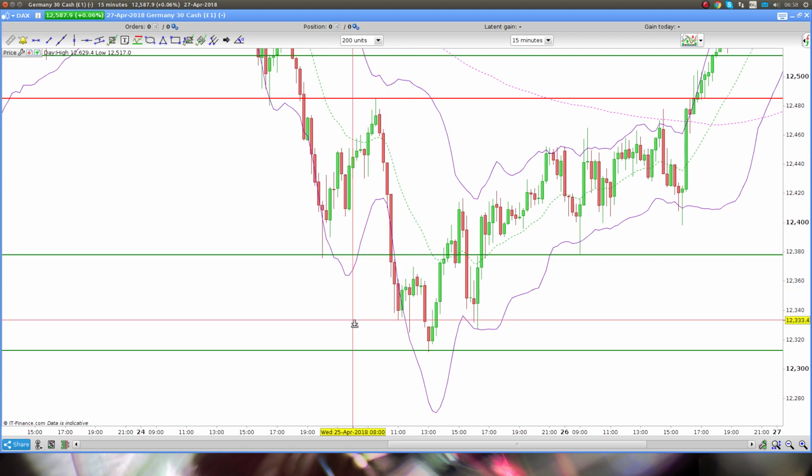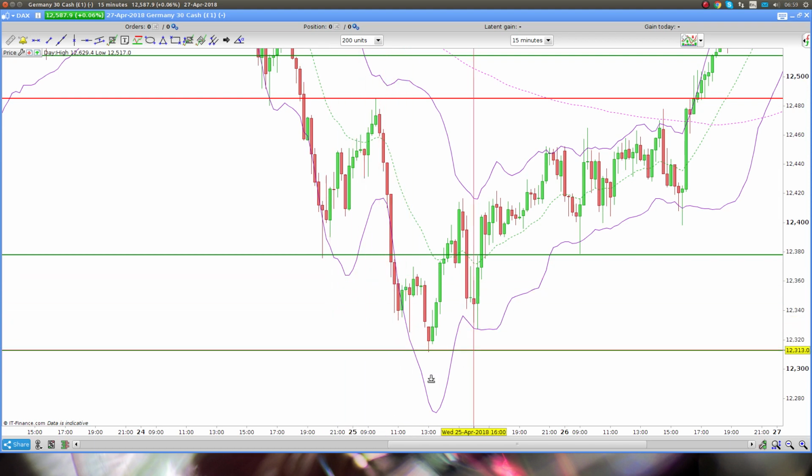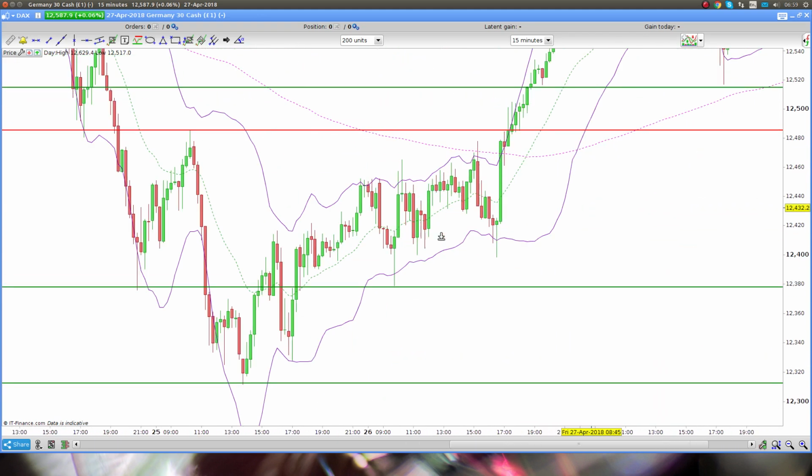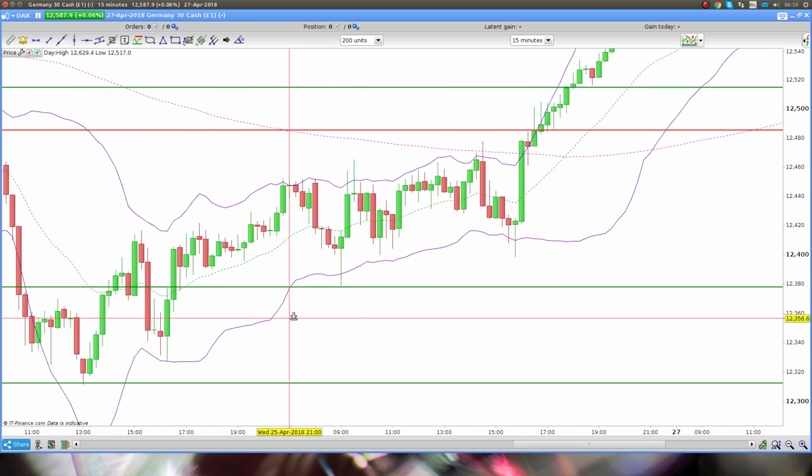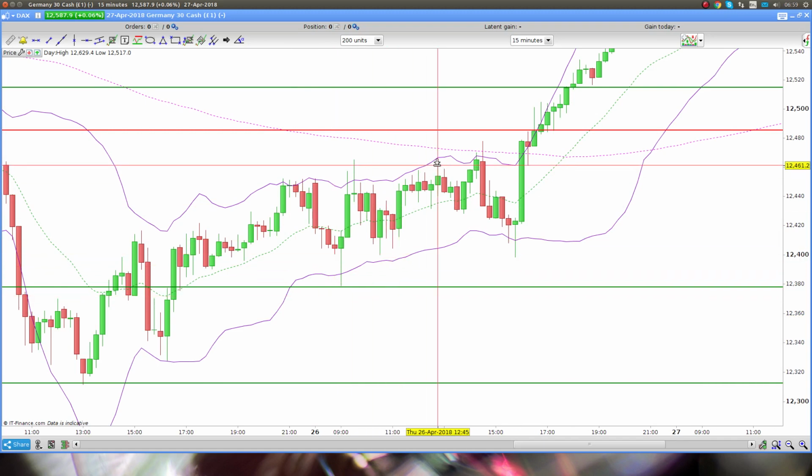Next entry is at a logical place. There's strength in numbers. So all the guys are sitting here waiting to get in. Nice cheap price, let's get in here. And they start driving price back up. So every single one of these tails is a level. It is either support or resistance on the lower time frames.